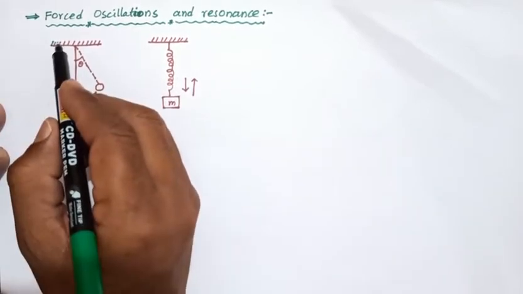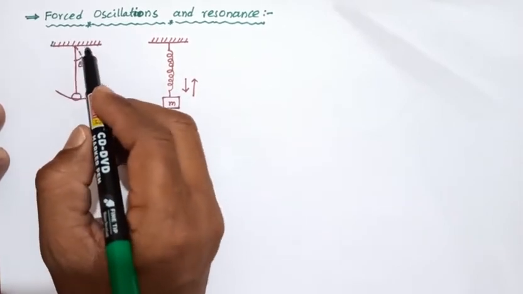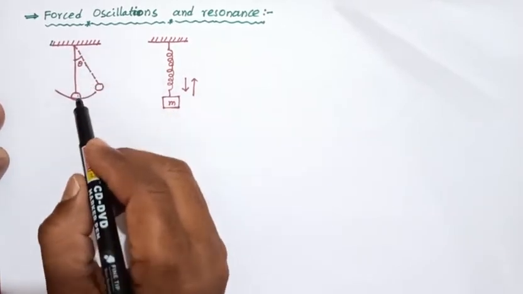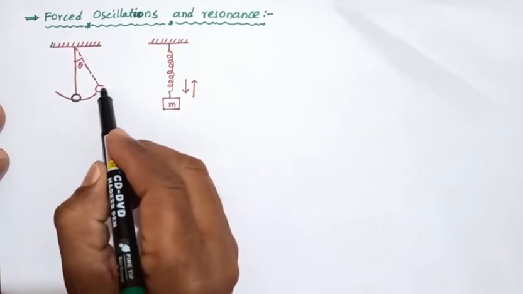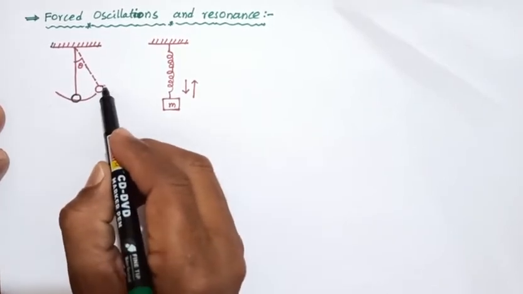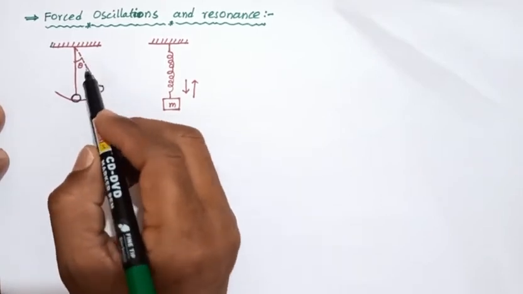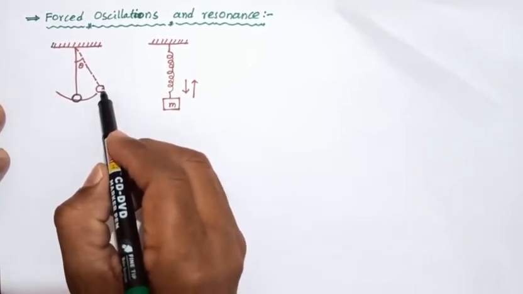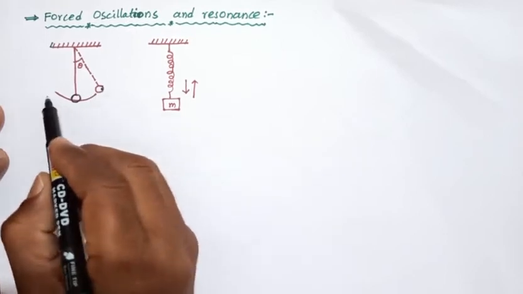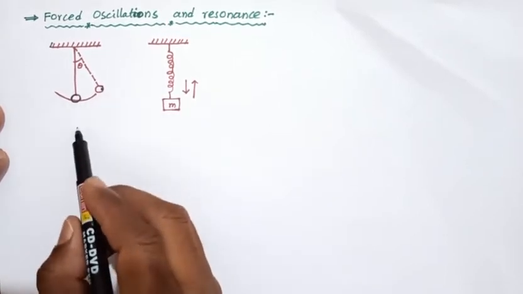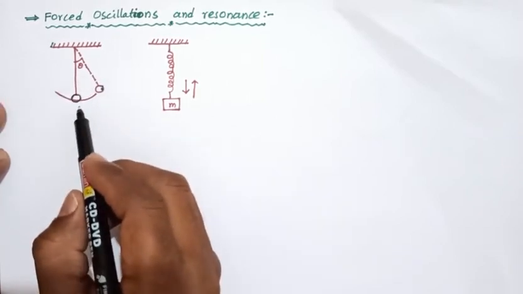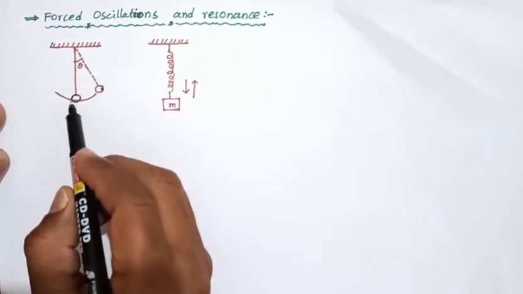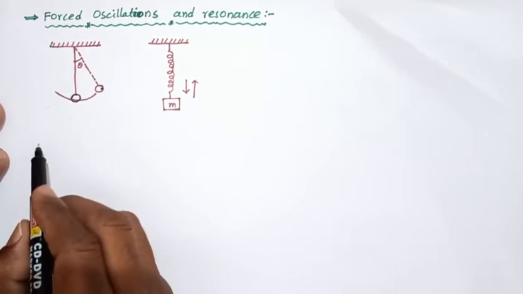First of all, when the metal bob of a simple pendulum is given some angular displacement and released, what happens? It moves to and fro. This type of oscillation is called free oscillations.